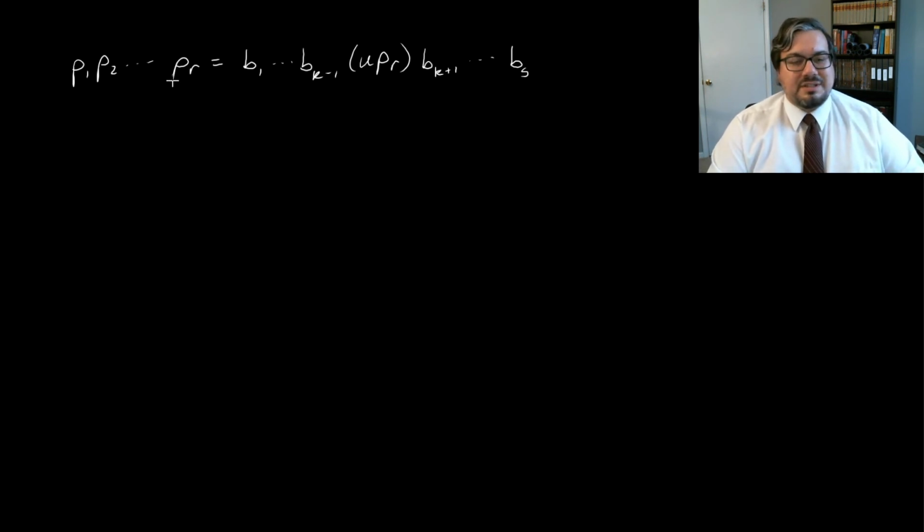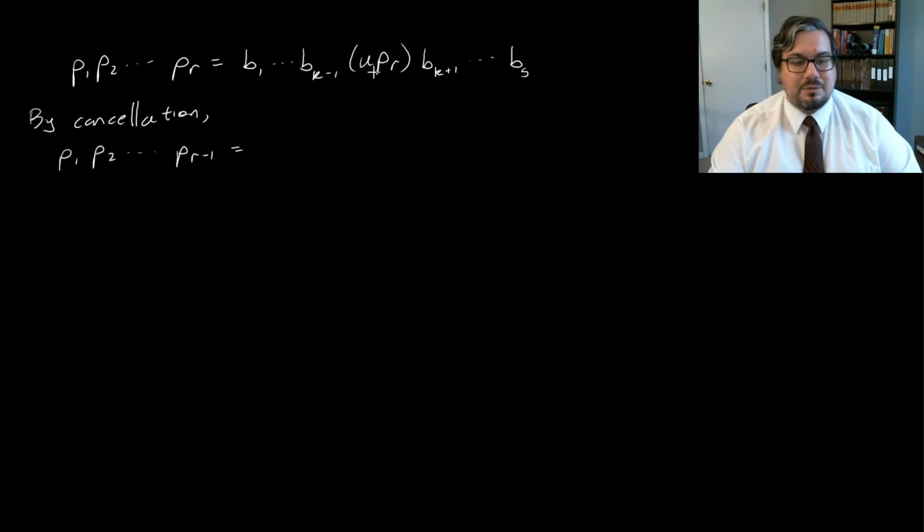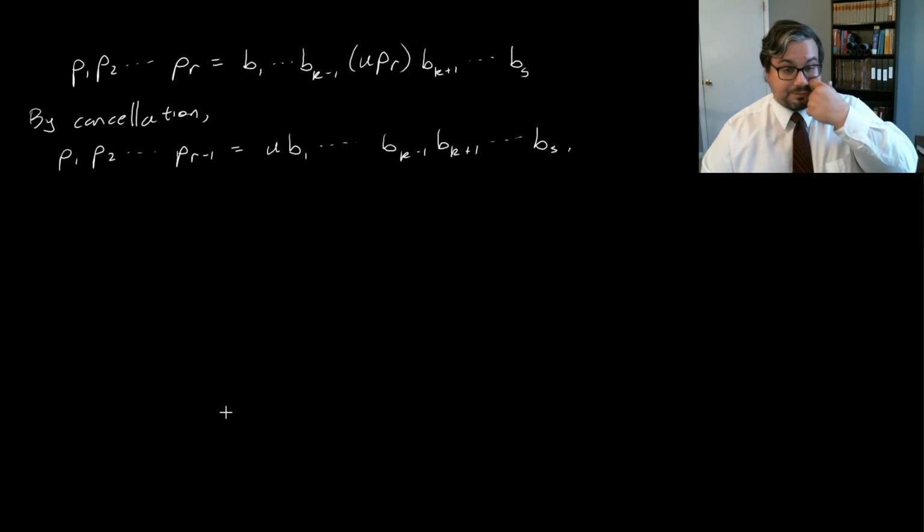So now you'll notice that we have the element PR appearing in both sides of this equation. So by cancellation, we have that P1, P2 up through PR minus 1 is equal to, we cancel the PR and we're going to be left with UB1 up through BK minus 1, BK plus 1 up through BS.